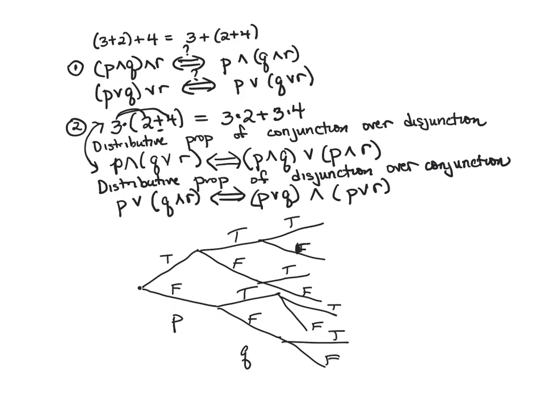So by the counting principle, we have 8 possibilities. 2 for the first, 2 for the second, and 2 for the third.